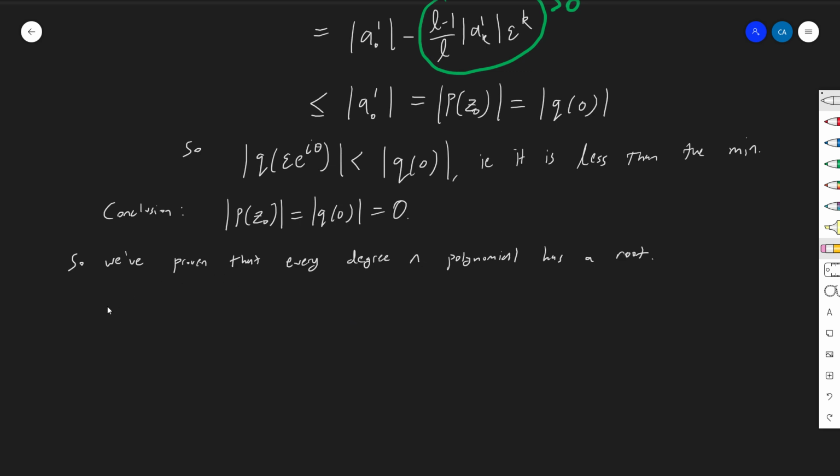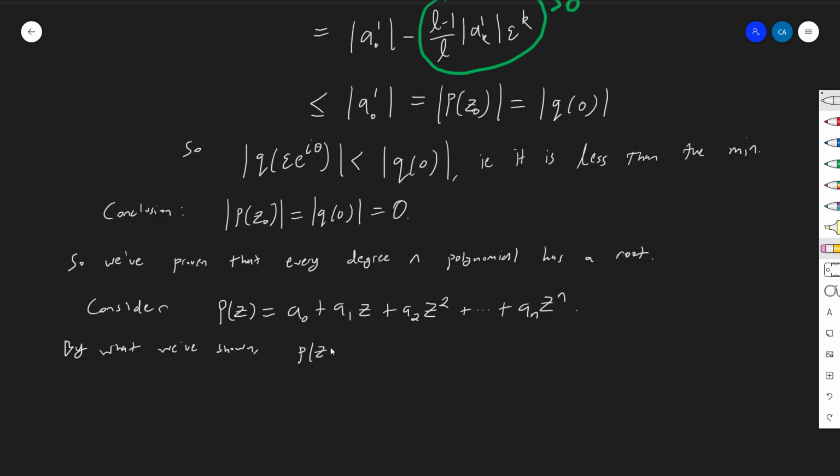So this is part 3 of the plan that I mentioned before. Consider p of z is equal to a0 plus a1z plus a2z squared plus dot dot dot plus an z to the n. So here's our polynomial. By what we've shown, p of z has a root.